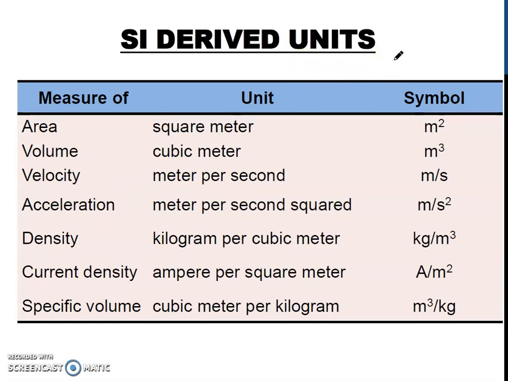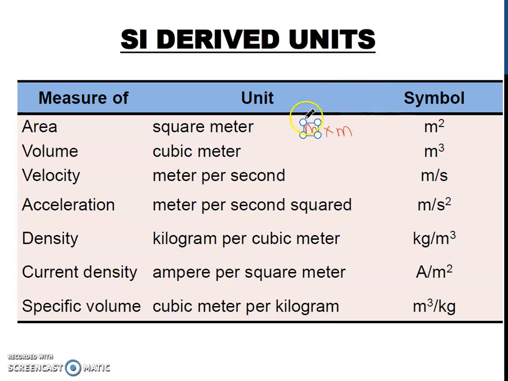Okay, there are also SI derived units. Derived ni maksud dia daripada unit SI tadi, kita kembangkan lagi, derivekan lagi untuk jadi another measurement. For example, if you measure area, this is a derivation from length's SI unit, which is meter times meter.